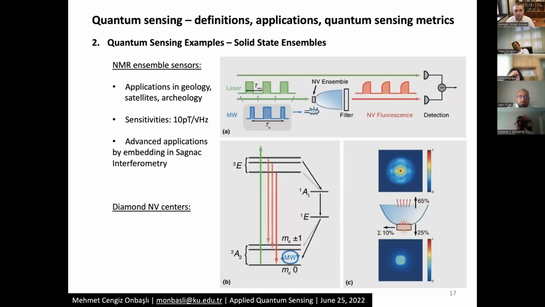And I want to talk also about diamond NV centers, which are nitrogen atoms and carbon vacancies within the diamond lattice.